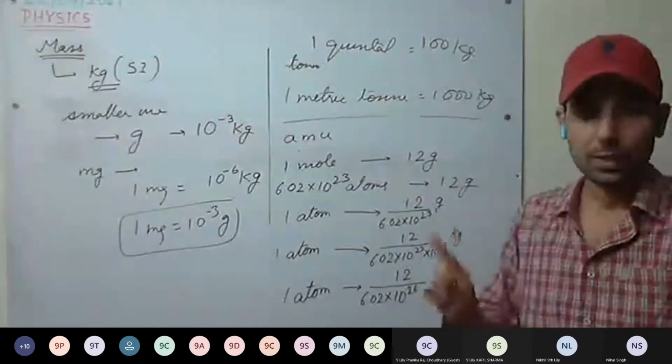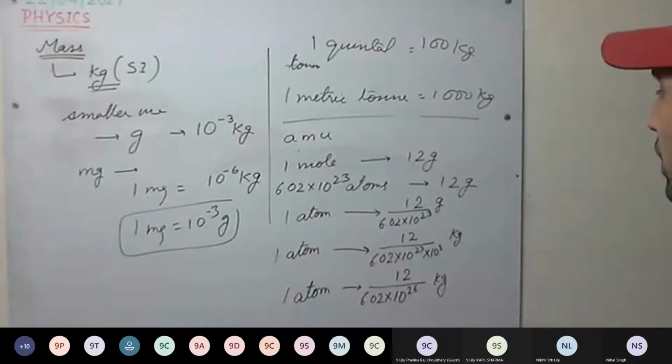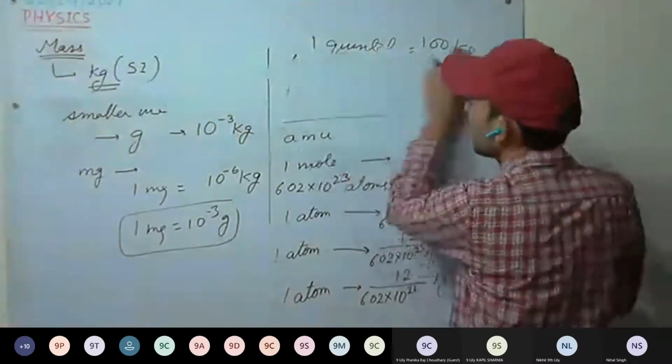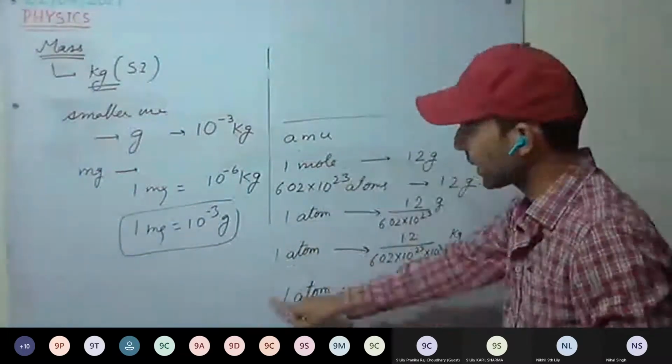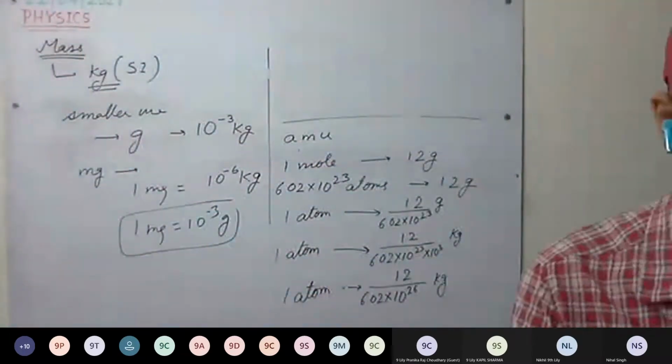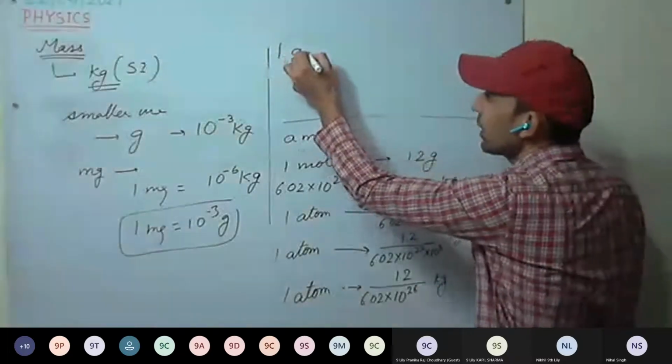Now what do you have to find? 1/12 mass of 1 carbon 12 atom, C12. So 1/12 mass of 1 atom we have to find. That will be 1 AMU.